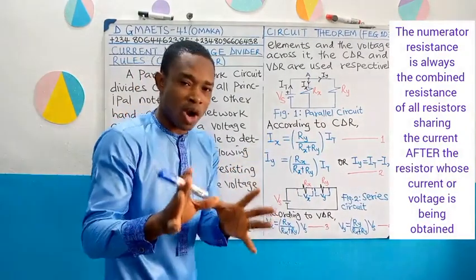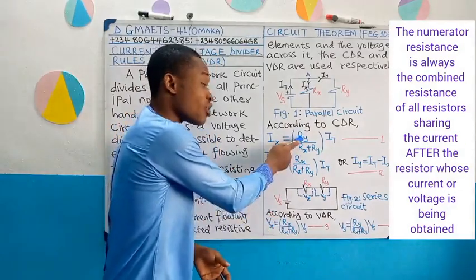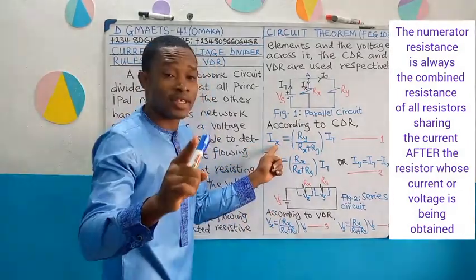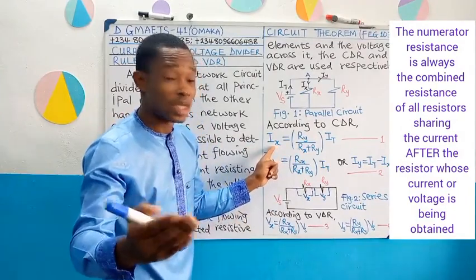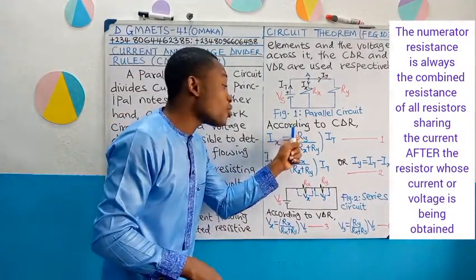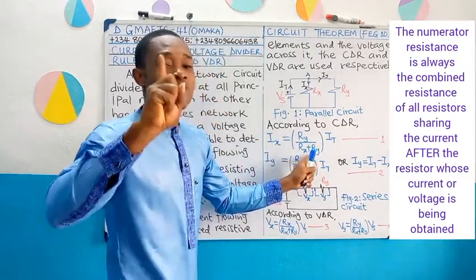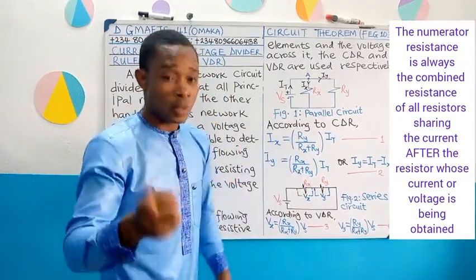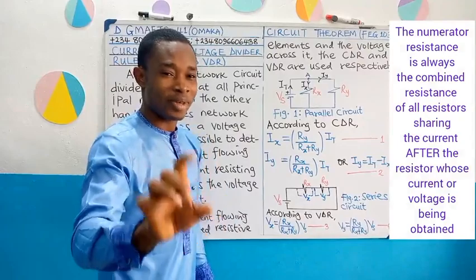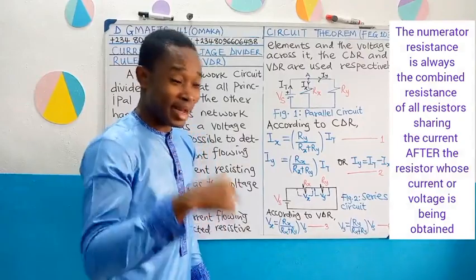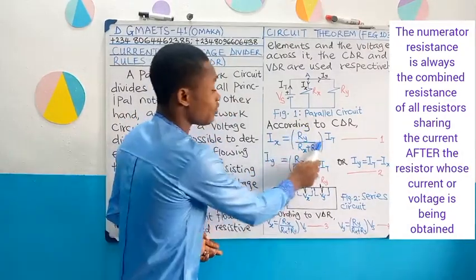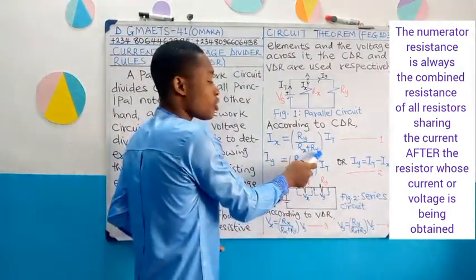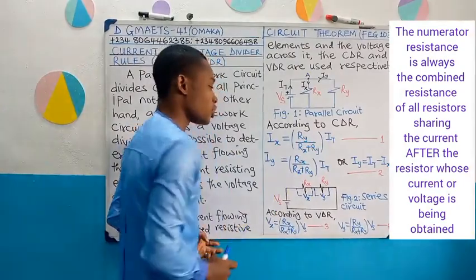Don't worry, when we solve problems, I will explain this concept of RY in equation 1 better. Because I must state here, and if you put it down, it's really going to be good. In this equation 1, RY may either be one resistor or it can be more than one resistor. When we solve problems, I will tell you what I mean by this statement I just made. So that will now be divided by Rx plus Ry times I total.